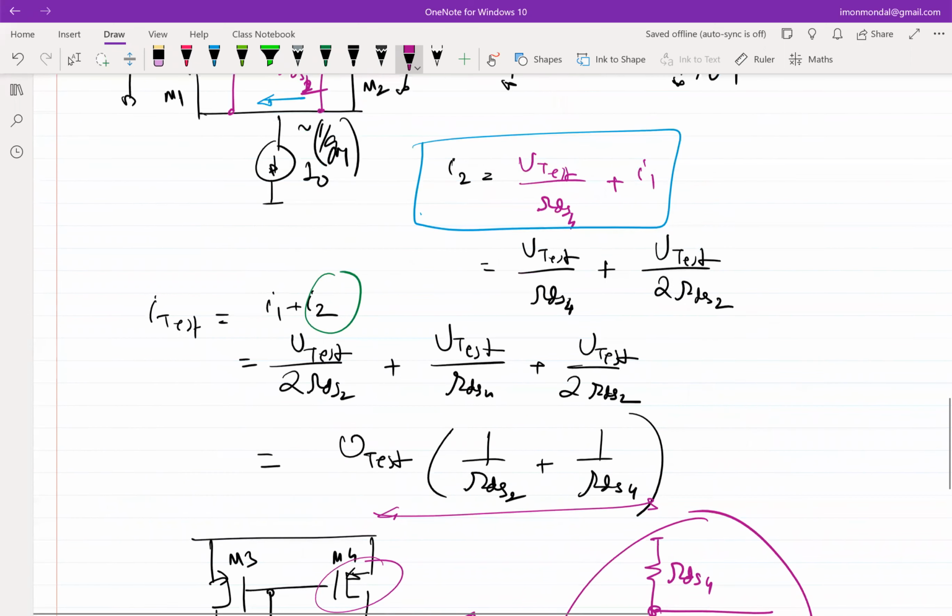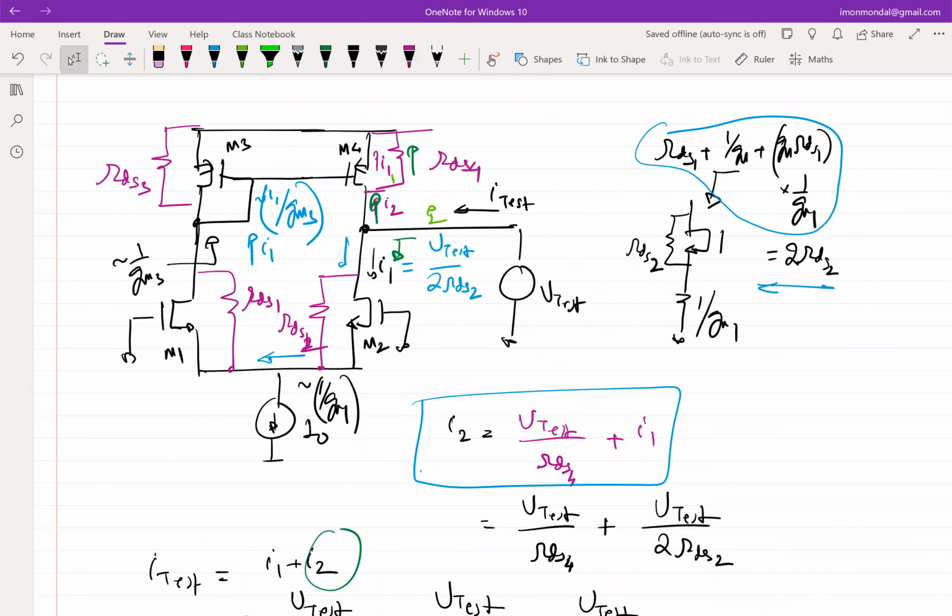If you come up with the same thing without doing an approximation, you'll end up with a page-long term. But if you keep neglecting the non-dominant terms, you'll end up with the same thing. You have so many RDSs, so many GMs, and each one will come up in the expression and take equal space.